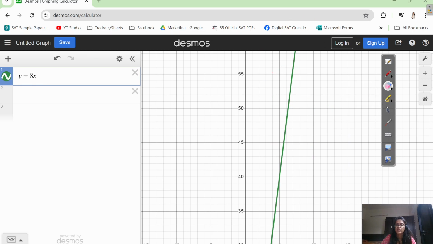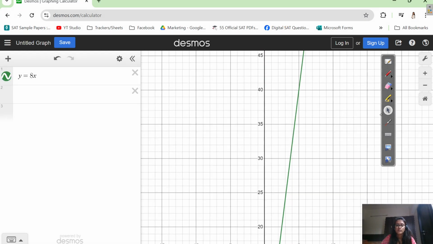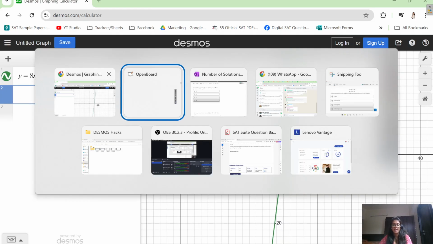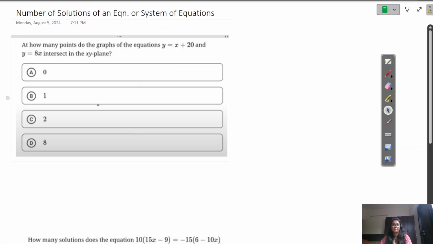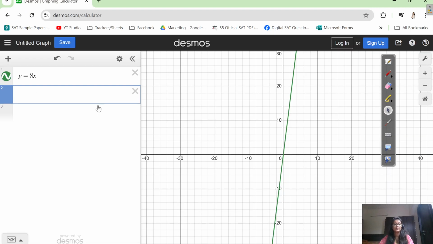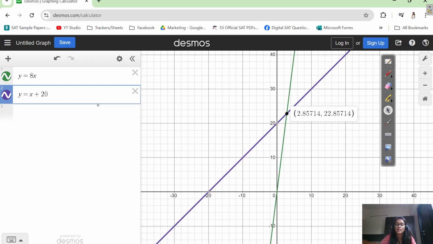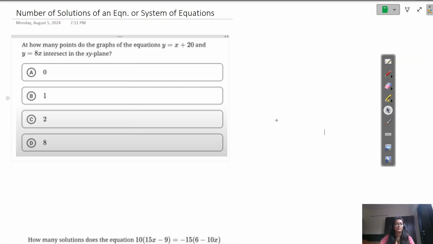And then we have y is equal to x plus 20. You can see there is only one point of intersection. We don't care about what the point is, we just care about the number of points of intersection. So option B is correct.